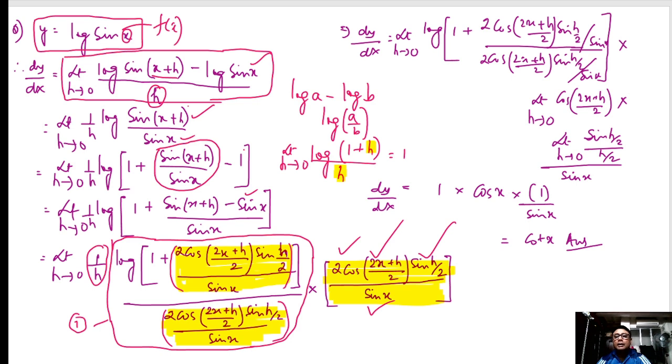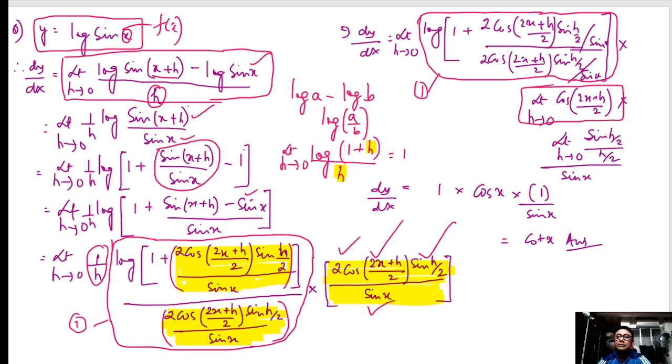So now first of all, this whole thing gives me 1, as we have already done, because it is log 1 plus x by x. It gives me 1. And now applying the limit on the cos part, the limit on the sine part, and the limit at the bottom.